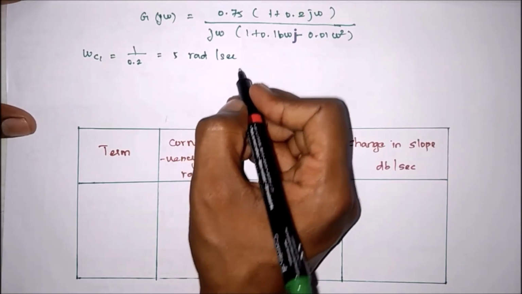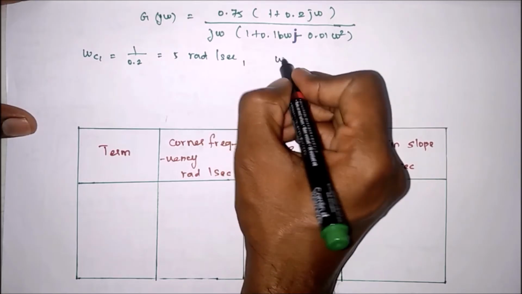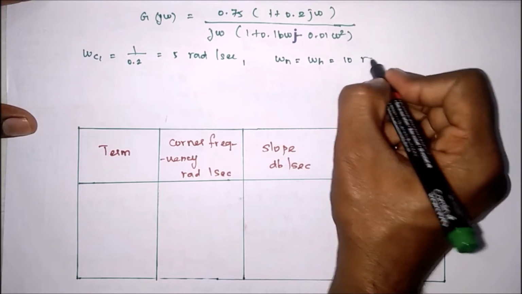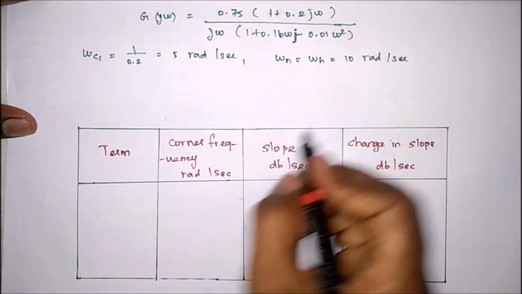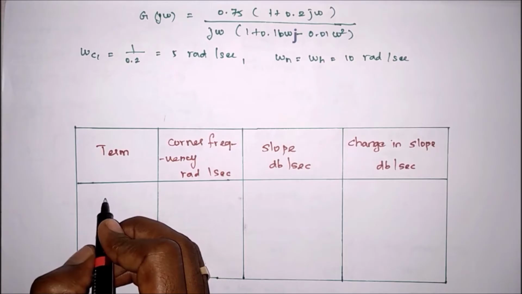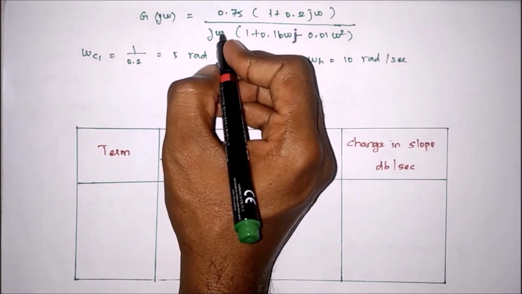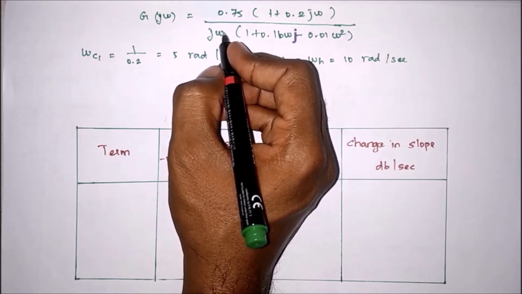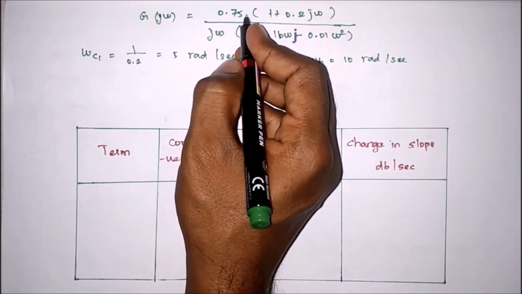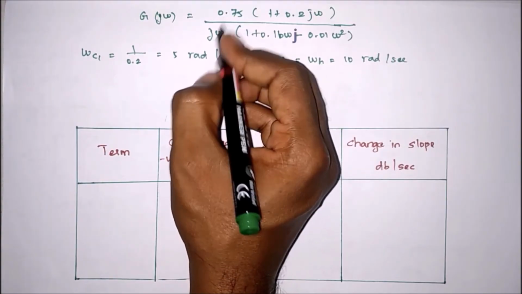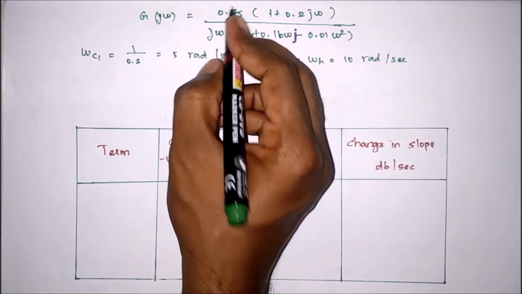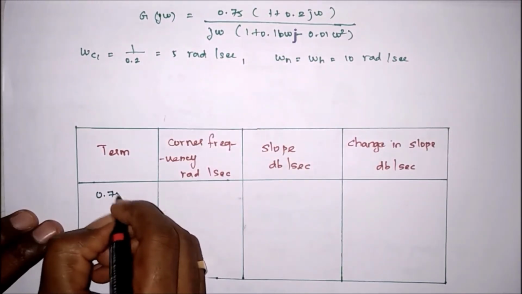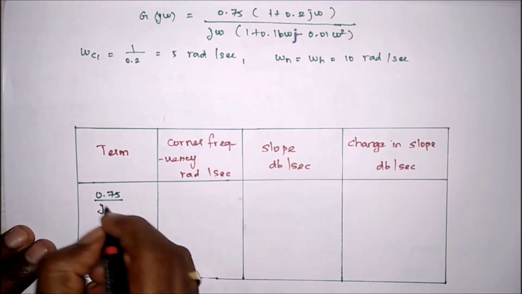For the quadratic equation, we already calculated ωn equals ωh equals 10 radian per second. Now we have to write the terms. First, the separate jω term we have to consider. If it is jω in the numerator, we consider it as is; if it is in the denominator, we consider constant divided by jω. So it is in the denominator, therefore the first term is 0.75 divided by jω.